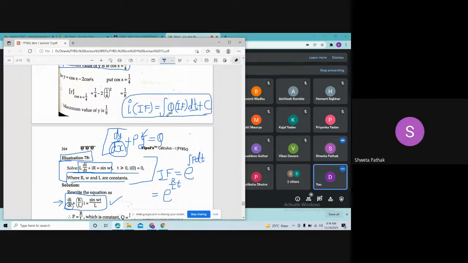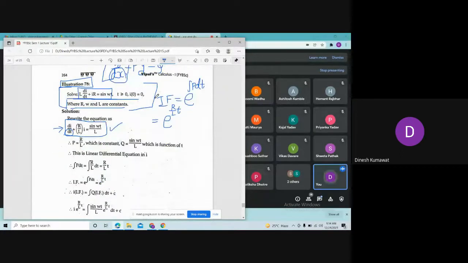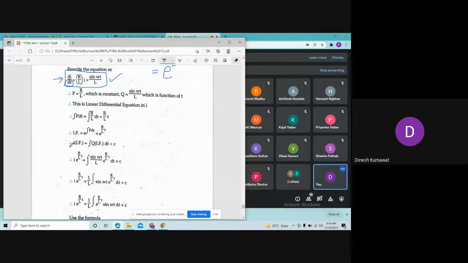Yes, sir. Now just put the value of q and the integrating factor. So I into integrating factor is equal to integration q into integrating factor dt plus c. After putting the value of the integrating factor and q, we end up in this situation. Now here you can see 1 by L is constant. Now tell me what is the integration of this.